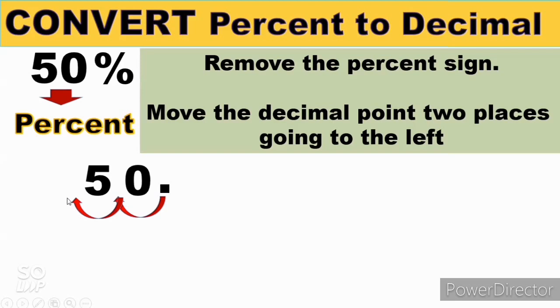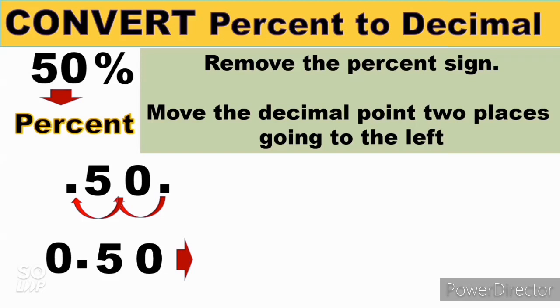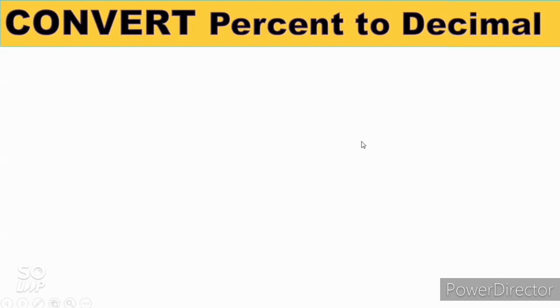So we have 1 and 2. Then now we have 0.50. The next is we add 0. Then copy 50. So we have 0.50 is the decimal of 50%. So that is how to convert percent to decimal.